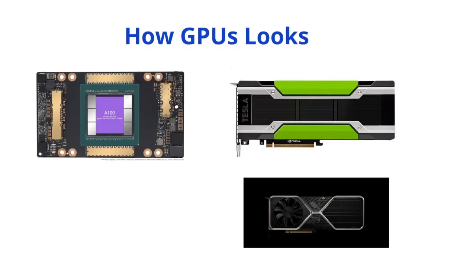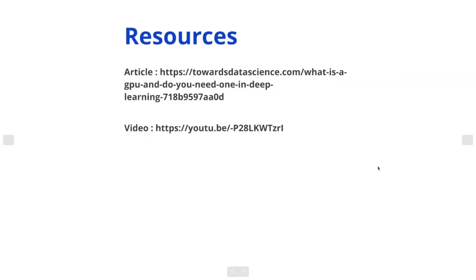If you want to know more about GPUs and deep dive into the architecture of GPUs, you can check out these resources. I also pasted the link of this article in the resources tab, or in the description of this lecture.